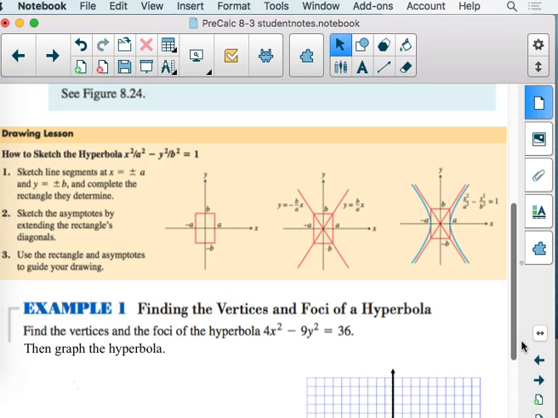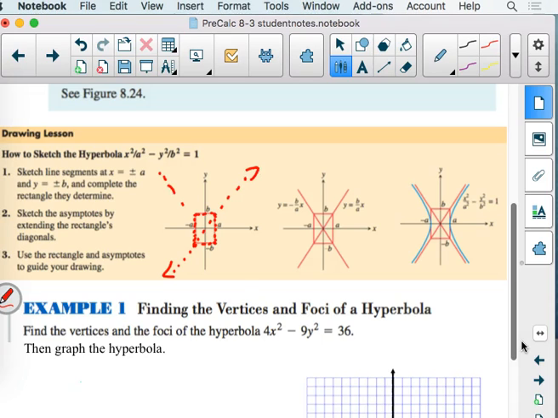It shouldn't be solid, they made it red to show us this is a helper thing, and it should be dashed. And then we're going to draw in the asymptotes, because the asymptotes are always the diagonals of that box. And asymptotes, again, are helper lines.